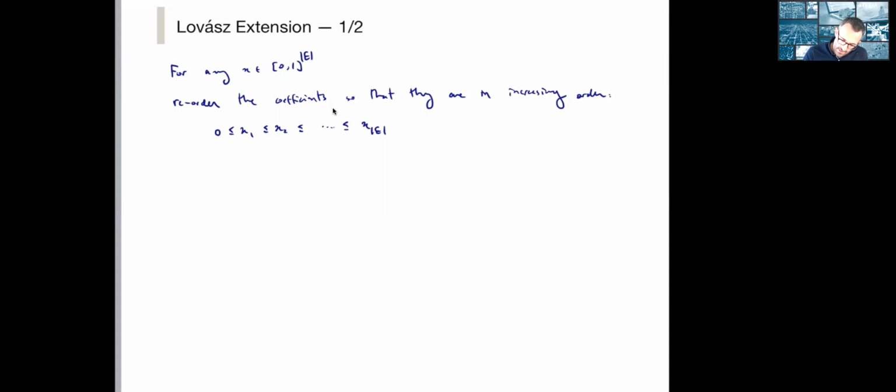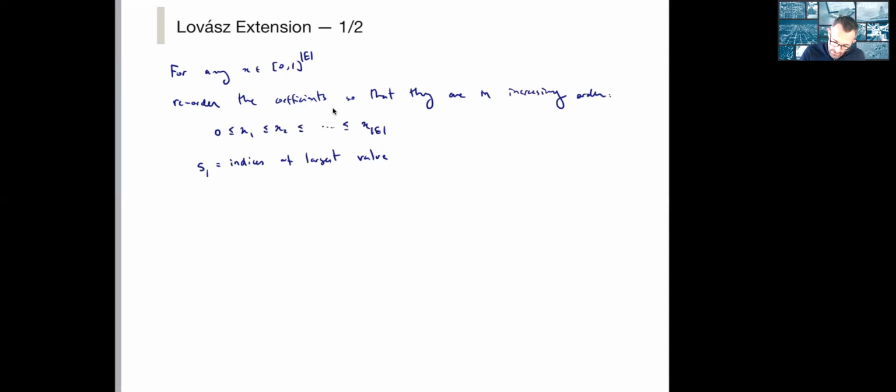And let's let S1 be the indices that correspond to the largest value. So certainly S1 contains at least the index, but if I had equality, it could be more.